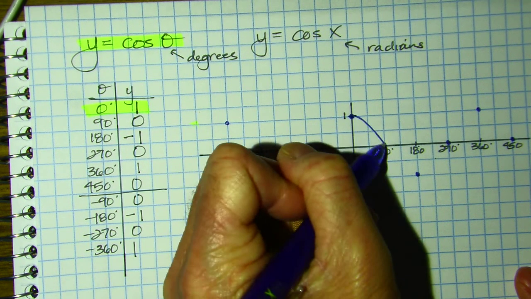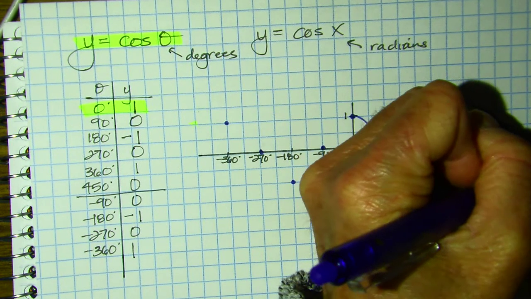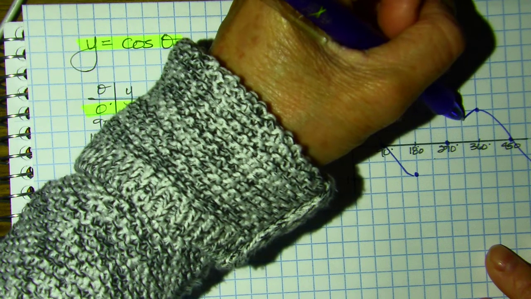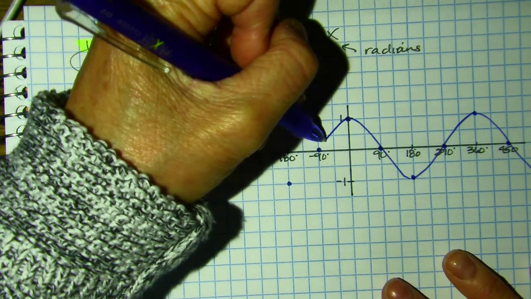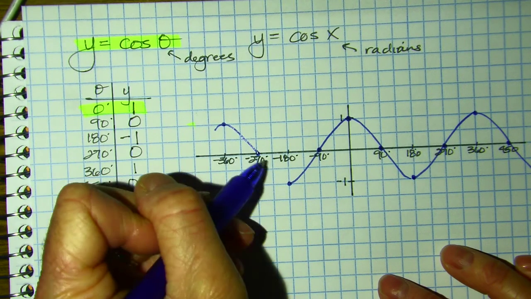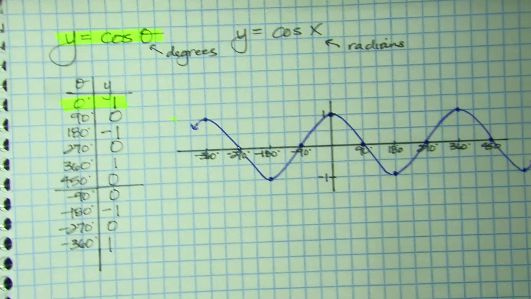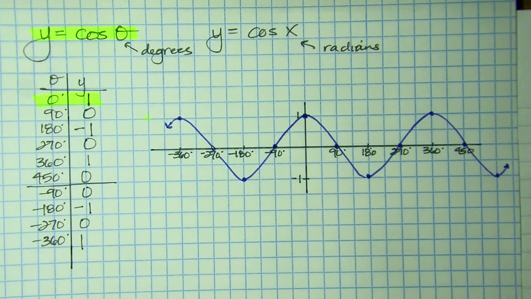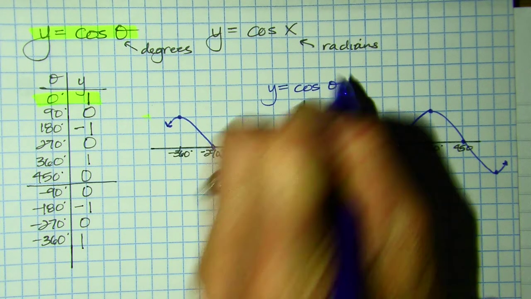So my cosine looks very similar. Remember, we should draw arrows at the end because this graph continues on a repeating pattern. It doesn't just stop just because our drawing stops. So anytime you graph, if this is a continuous function, then you need arrows at the end. So this would be the parent function of y equals the cosine of theta.